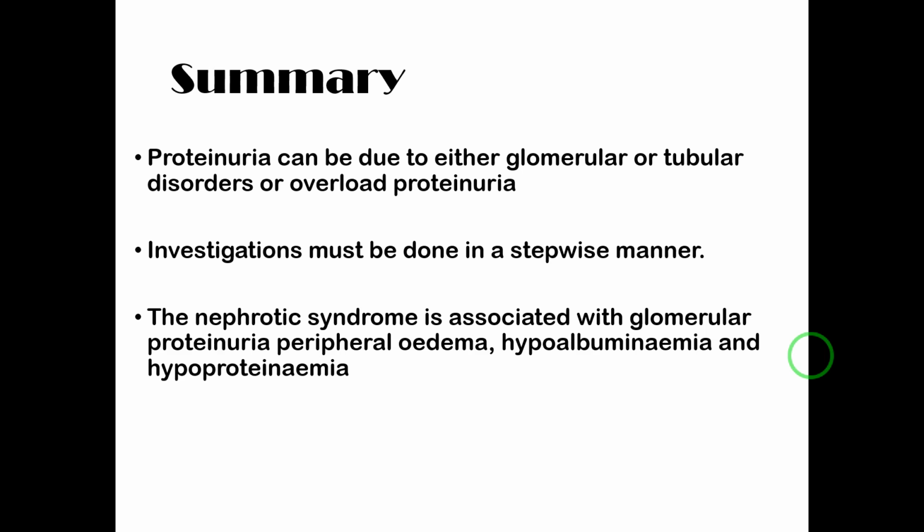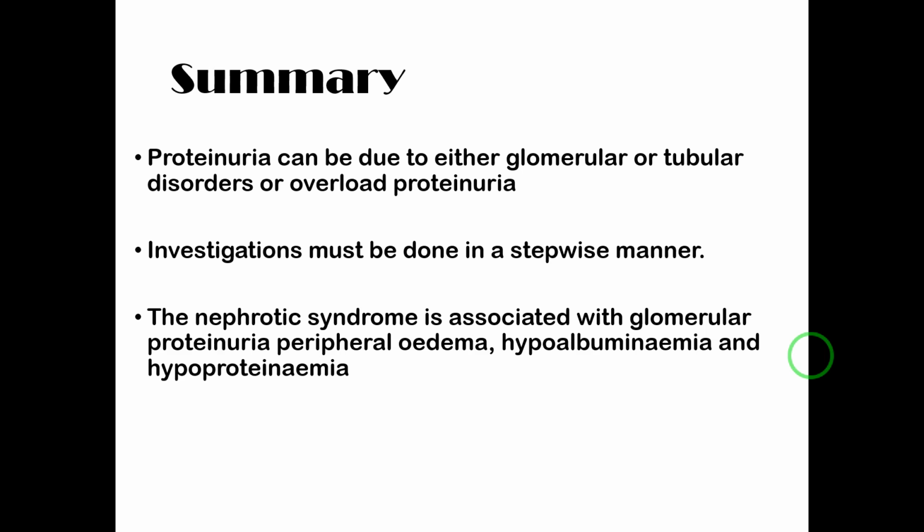And after that, we exclude the orthostatic proteinuria. We exclude the proteinuria that occurs secondary to fever or exercising, and also we exclude the proteinuria that arises secondary to, for example, infection in the urinary tract. And later on, we start more investigation to differentiate whether it is tubular or glomerular proteinuria.